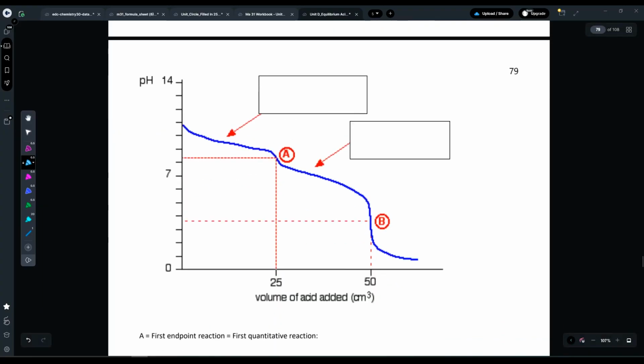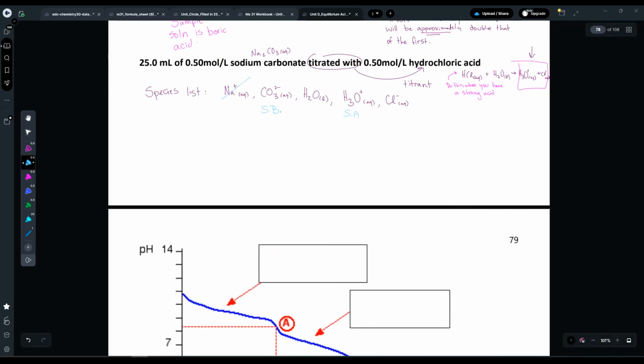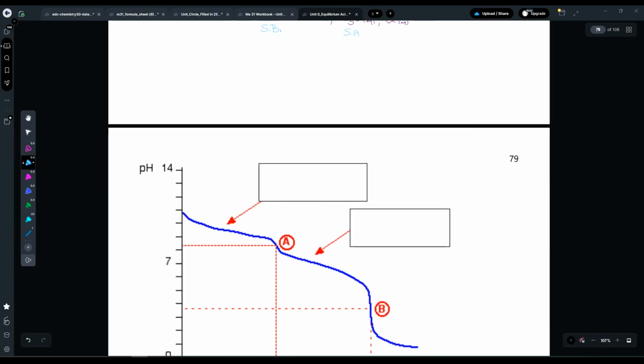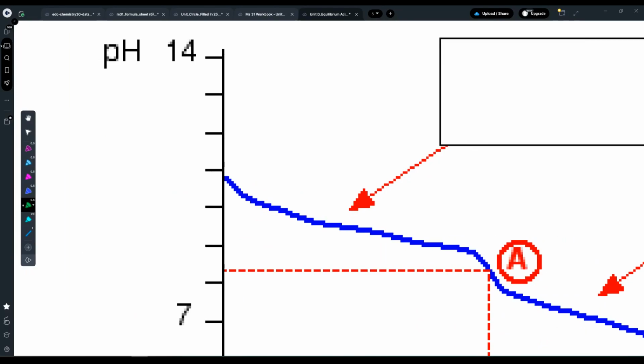So looking at this titration curve, we'll use this information that we just figured out. We'll use it in a little bit here, but I just wanted to mark out some areas. Starting off with this pH curve, each one of these tick marks is a pH unit of 1.